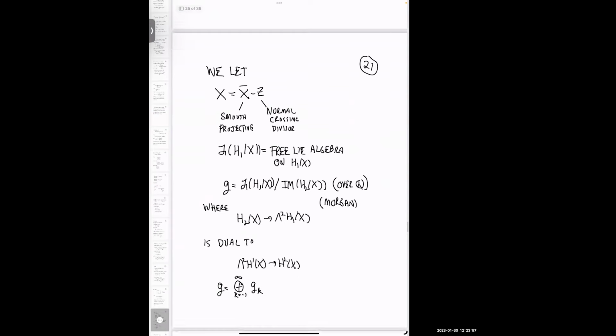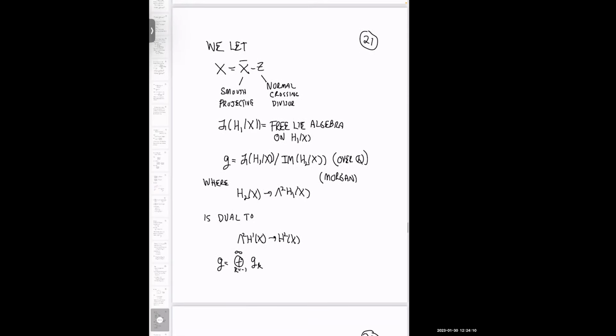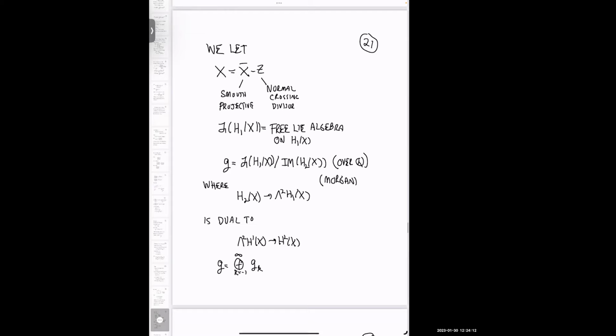So now we're going to apply that to pi 1. So for the moment, I'm going to let X be quasi-projective. I'm going to eventually switch to having it be projective. But so if you look at the free Lie algebra on the first homology of X, then you can look at the Lie algebra you get by modding out by the image of the second cohomology.